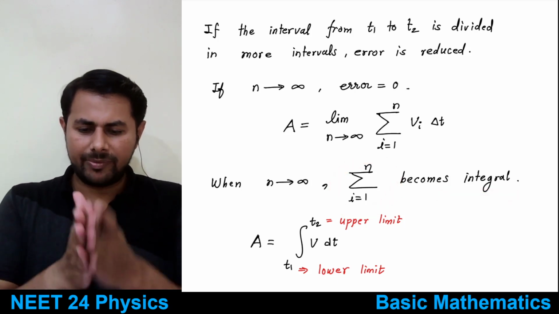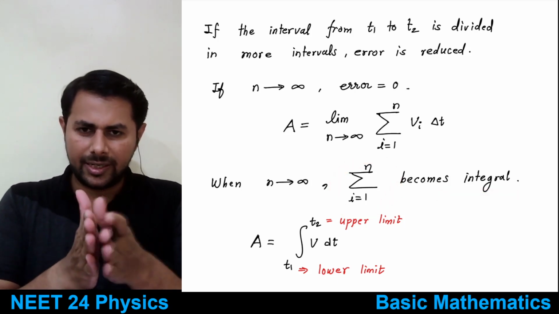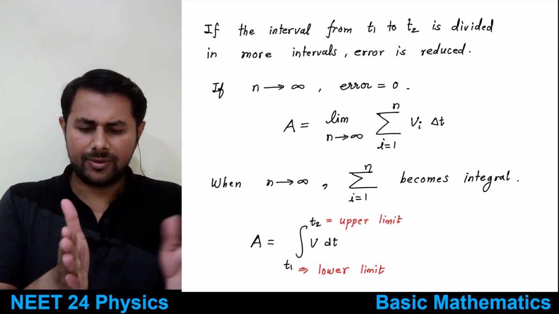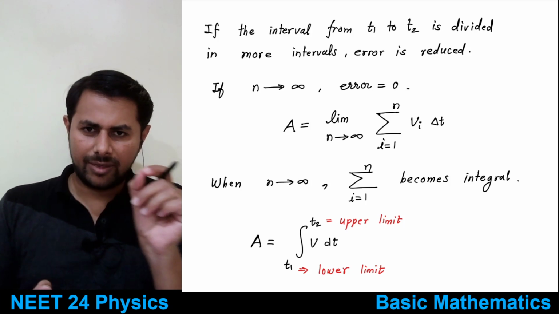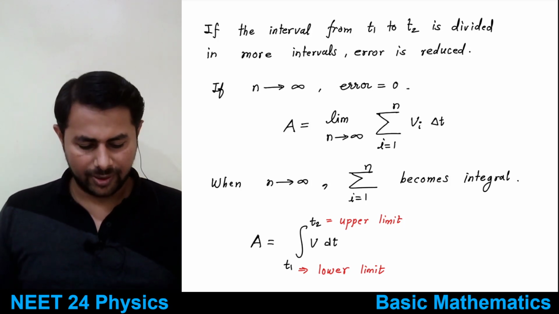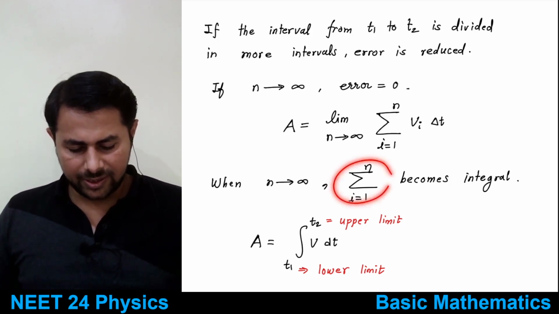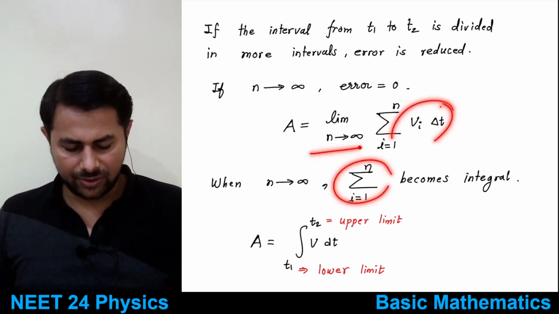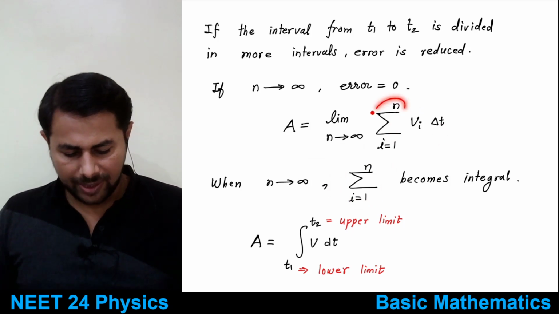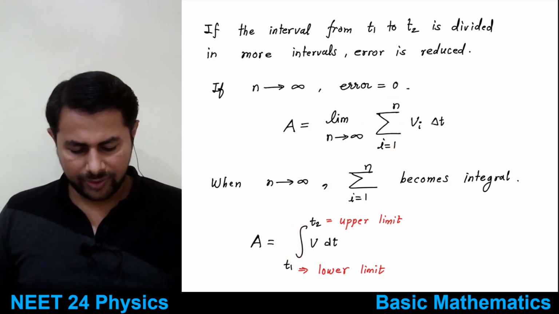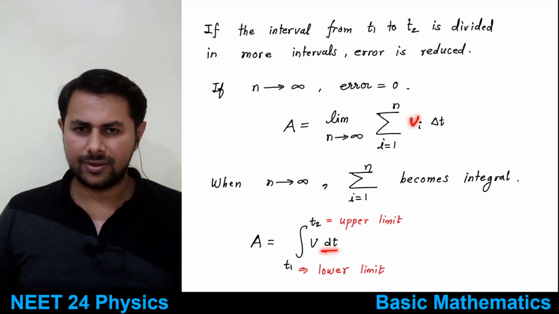And when the number of segments is infinite, that means you are taking a continuous addition. Those points are very, very close to each other. Right, this thing is clear. Then we write this thing as, if n tends to infinity, we replace this symbol with this symbol, and we write v times dt.